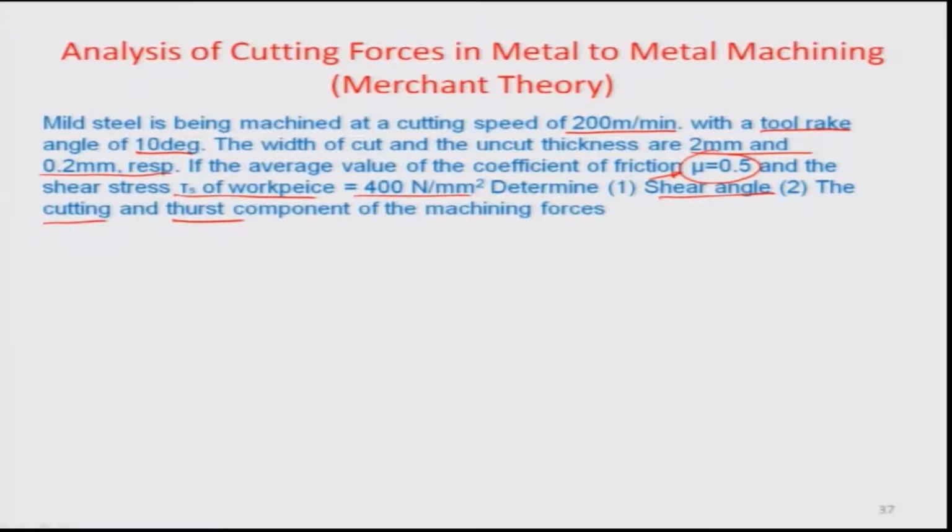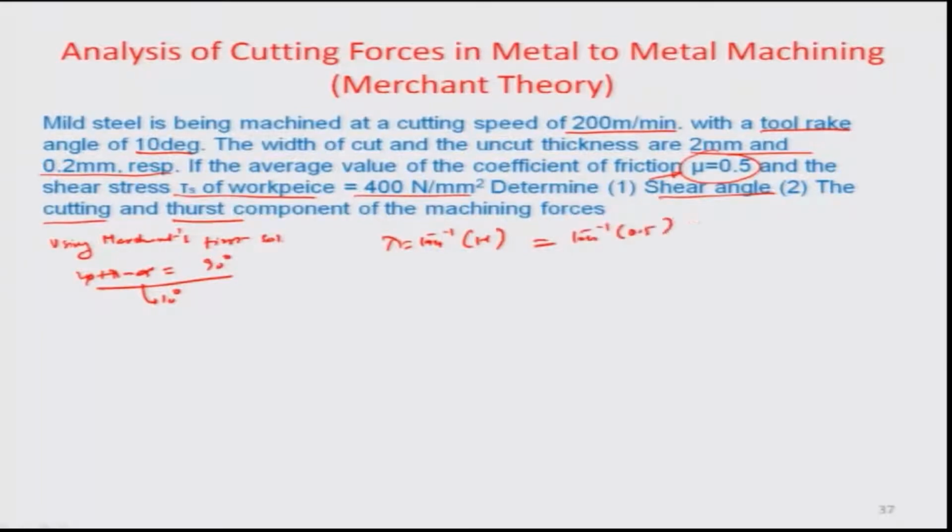Using Merchant's first solution, let us assume that we are using the first solution for our calculations here. We already know that 2 phi plus lambda minus alpha is equal to 90 degrees. Alpha here is given as 10 degrees. The friction angle lambda can be calculated as tan inverse of average mu, which is tan inverse 0.5, about 26.57 degrees.